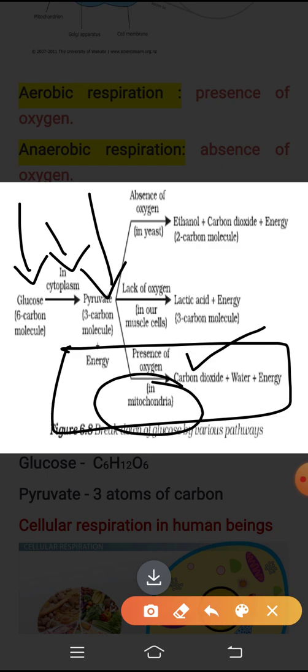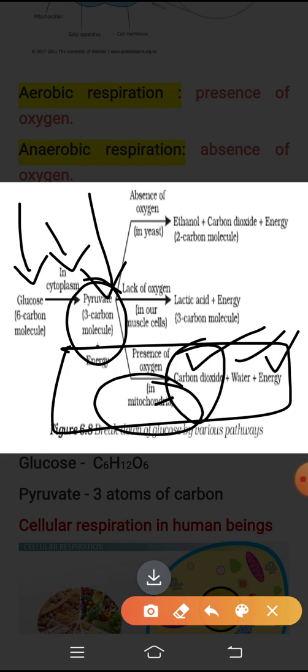Means the 6 carbon molecule, as it entered the cytoplasm, is divided into 3 carbon molecules. Right? So this 3 carbon is further broken down to form carbon dioxide. Here only the single carbon atom is present. So in the presence of oxygen in the mitochondria, the byproducts released are carbon dioxide, water and energy.